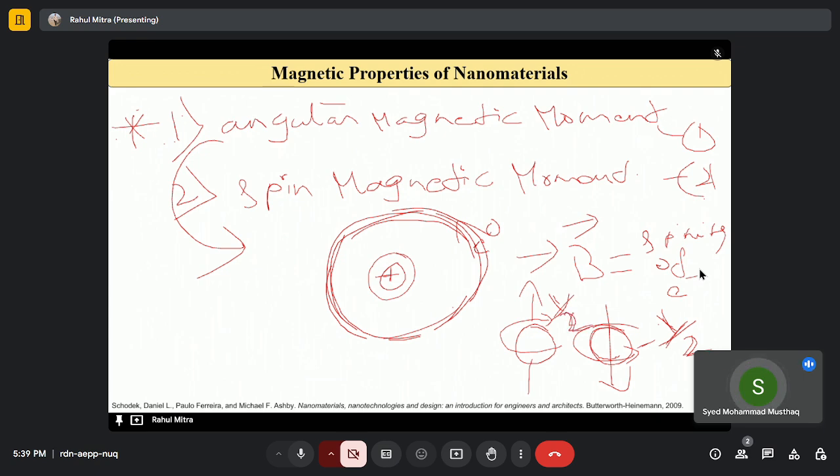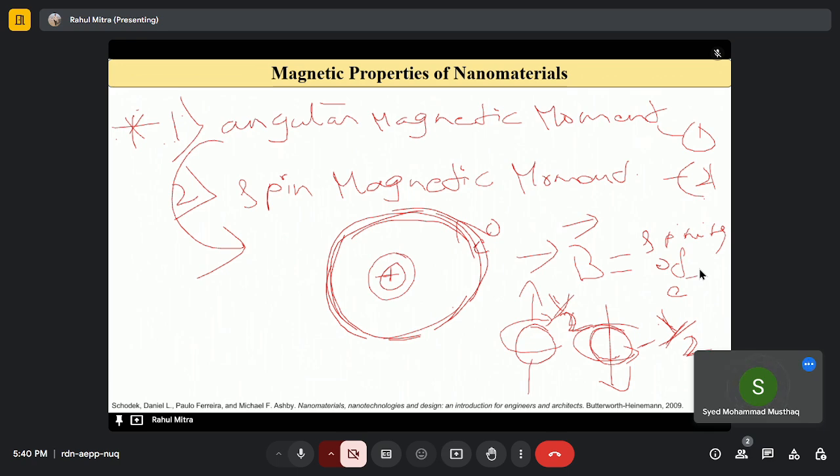And the whole magnetism arises from this. There is also a magnetic moment from neutrons, but it is very low compared to the spin magnetic moment and angular magnetic moment. Even the angular magnetic moment is very low compared to the spin magnetic moment. So mostly in magnetism, only the spin magnetic moment dominates.